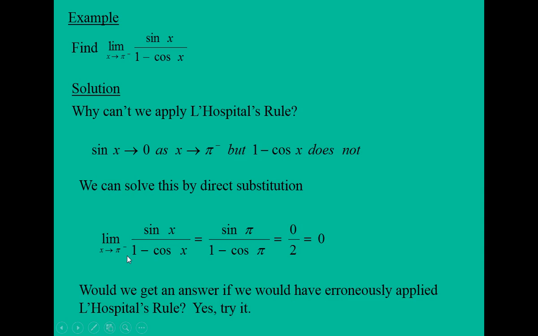Now, if you went through this problem and you just applied L'Hopital's rule without checking to see if we got the indeterminate form, you may get an answer, but it would be incorrect.